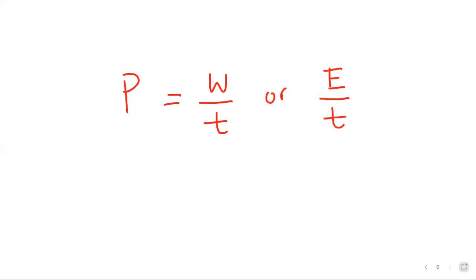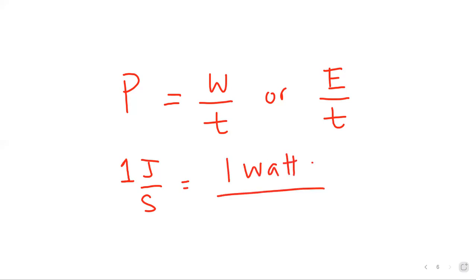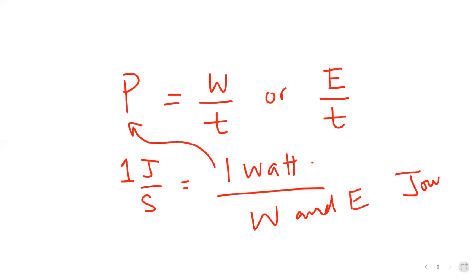So the units are joules per second, but we don't say per second, because 1 joule per second is called a watt. Just like on your light bulb, that tells you how much energy that bulb is converting to heat and light per second. So that's the unit of power. Work and energy are in joules, remember? So there you go, that's all the units covered.